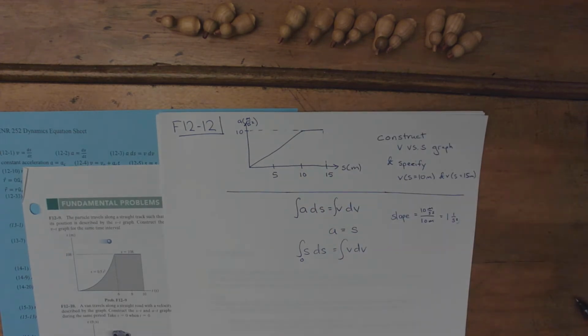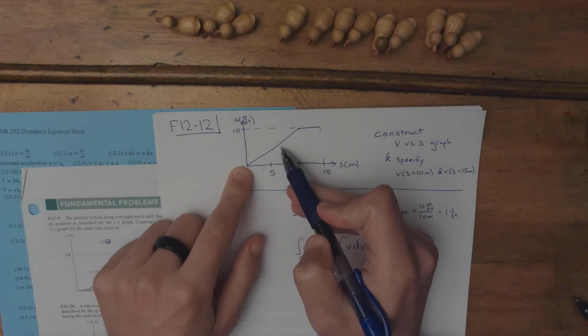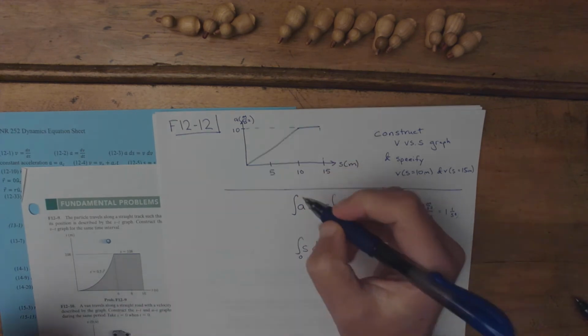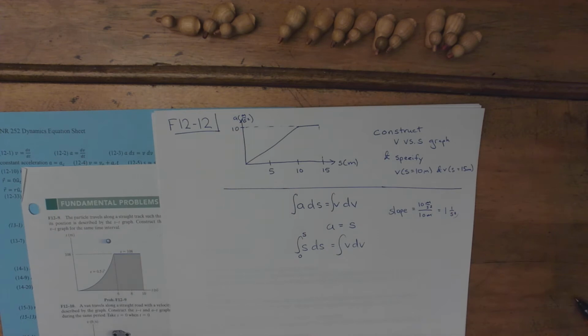So what I want from this is velocity as a function of position. If I want it as a function of position, I can't go all the way to 10. I want to go to some arbitrary value of s. So my upper limit is just going to be s, and we do this whenever we want to find something as a function of position.